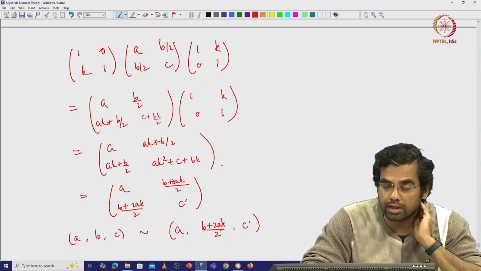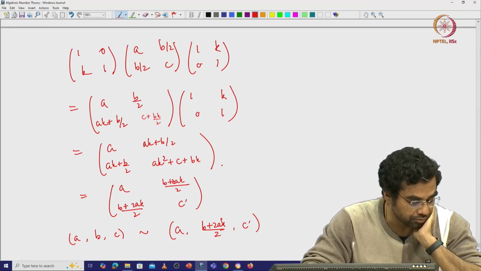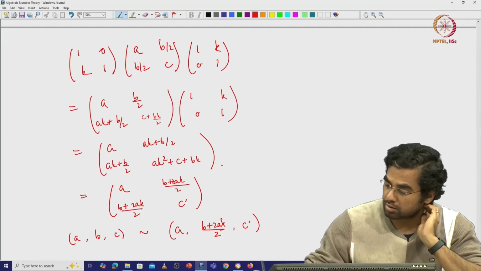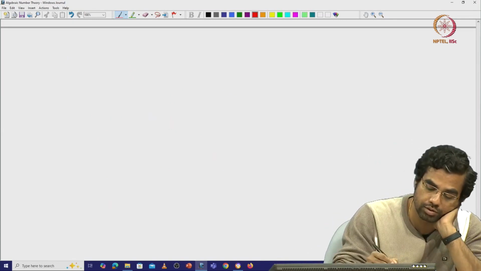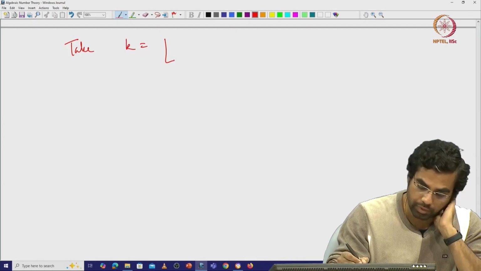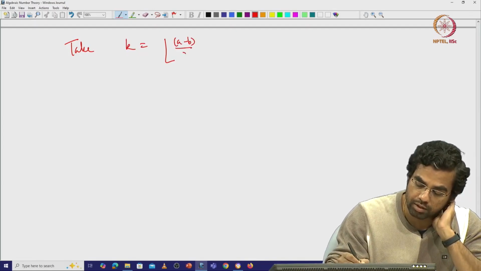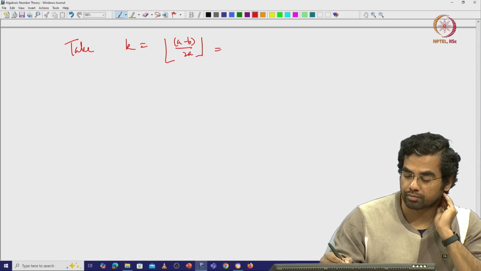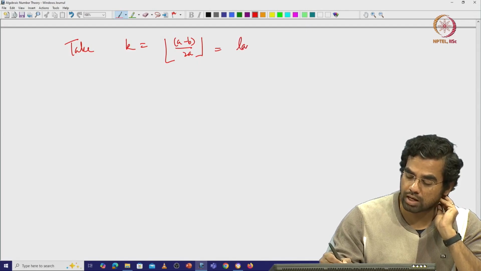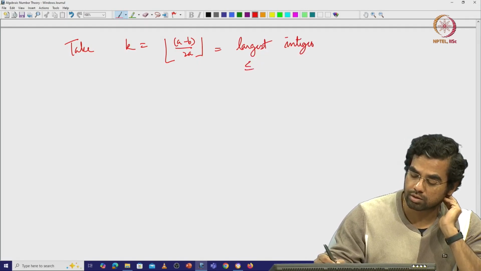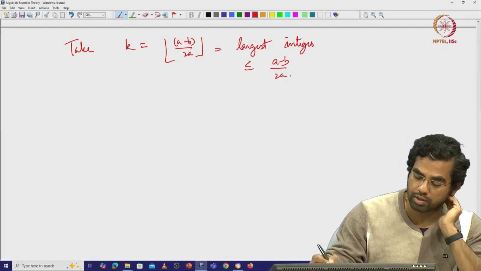So, now by varying my K, I can always assume. So, if I take K, yeah, let me write it like this. Take K equal to floor of (a minus b) by 2a, right. So, this is the largest integer less than or equal to (a minus b) by 2a.